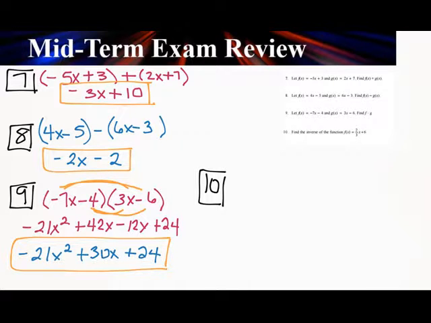Okay, for number 10, we need to find the inverse. So I like to go ahead and take the function notation, write it as y equals. All right, we're going to switch the x and the y, because on an inverse, that's what happens. In order to get that reflection that goes across this line, y equals x.